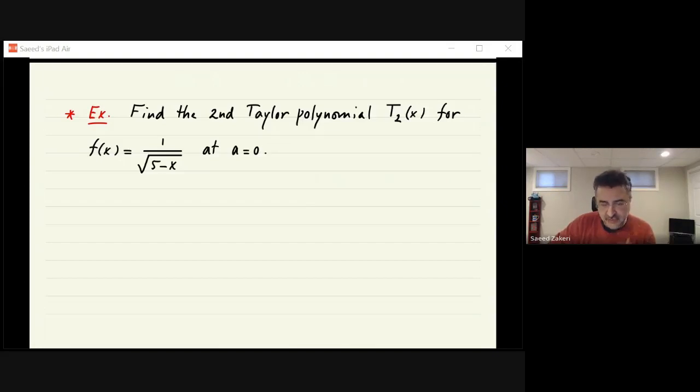Option number 1, start from scratch. Starting from scratch means, what is the second Taylor polynomial T2 of a function? Center is 0, so it would be f of 0 plus f prime of 0 times x plus f double prime of 0 over 2 factorial times x squared. That's T2.